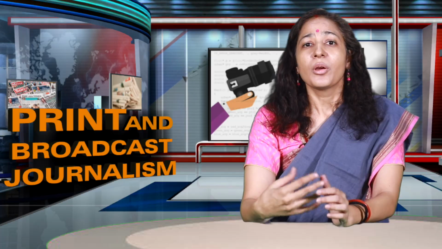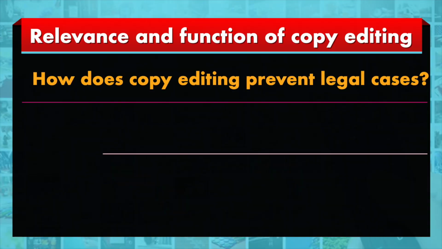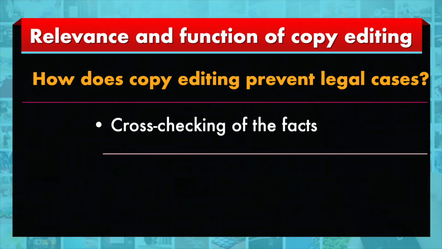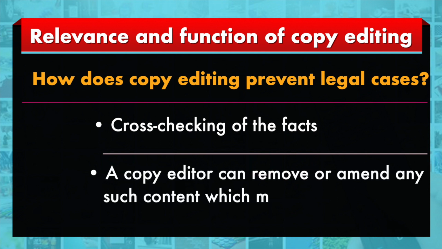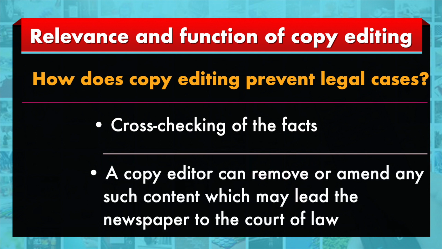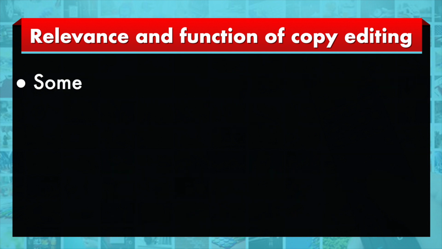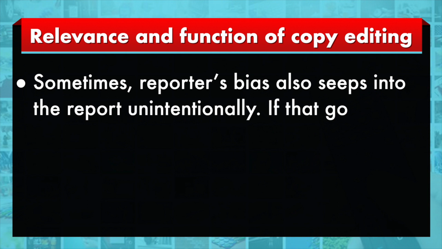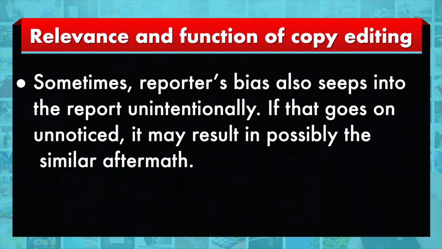How? Copy editing ensures cross-checking of the facts. By doing so, a copy editor can remove or amend any such content which may lead the newspaper to the court of law. Sometimes, reporters' bias also seeps into the report unintentionally. If that goes unnoticed, it may result in possibly a similar aftermath.